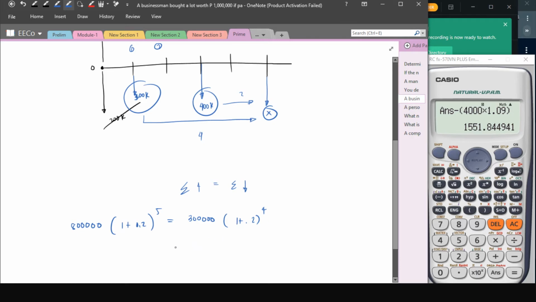So, add mo ng 400,000, tapos 1 plus 0.2 raised to 2 plus x. Hanapin mo na yung value ni x.